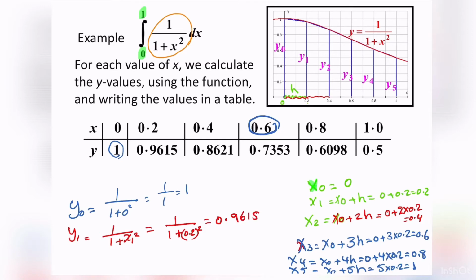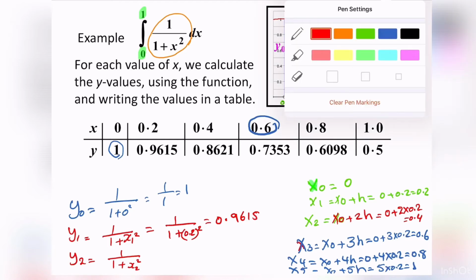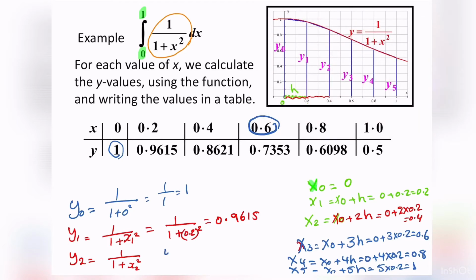Same thing, to find y2, it's going to be 1 over 1 plus x2 squared, and y3 is going to be 1 over 1 plus x3 squared, and you carry on.